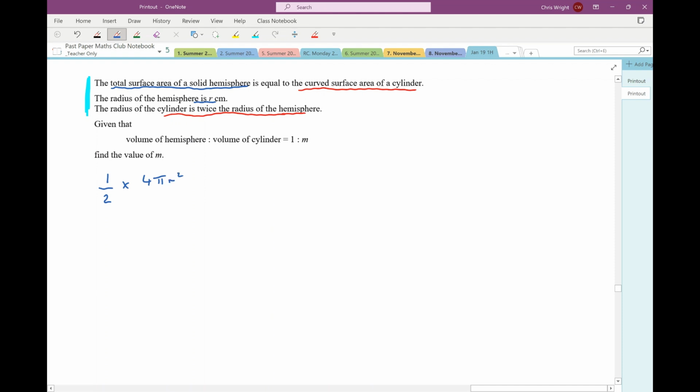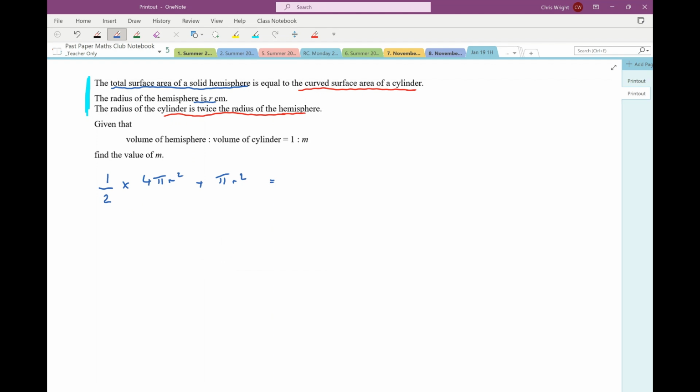So a half of that plus the area of the circle on the bottom of the hemisphere, because of course a hemisphere will look like this. And so there is the area of the circle here, and then there is the surface area of half of a sphere. So that's the surface area of the solid hemisphere, and we're told that that is equal to the curved surface area of a cylinder.